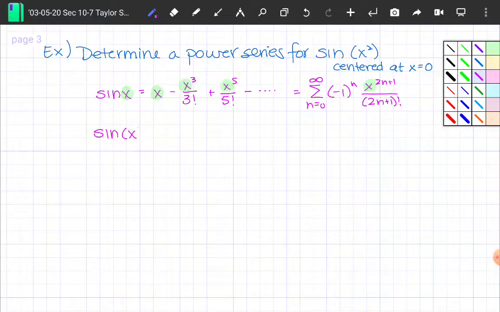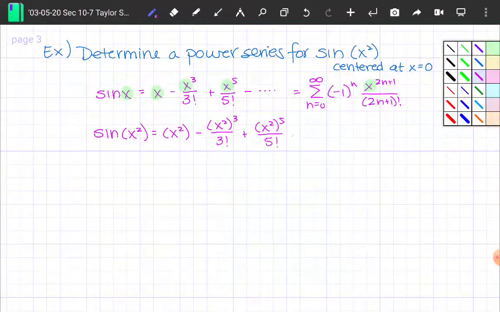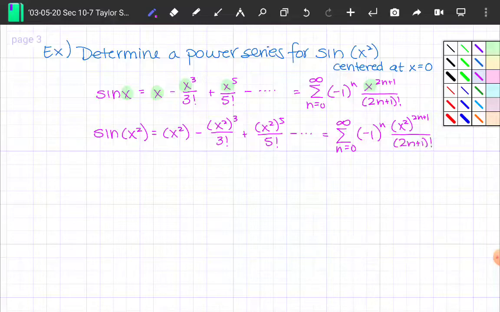So that means sine of x squared is equal to x squared minus x squared cubed over 3 factorial plus x squared to the 5th over 5 factorial, dot dot dot, which is the summation as n goes from 0 to infinity of negative 1 to the n times x squared to the 2n plus 1 all over 2n plus 1 factorial.